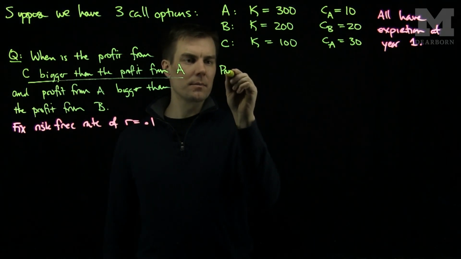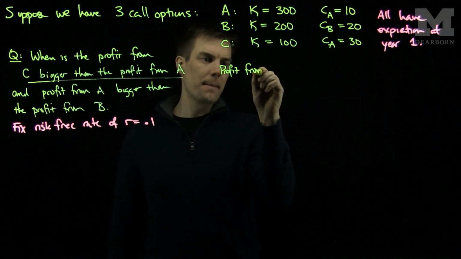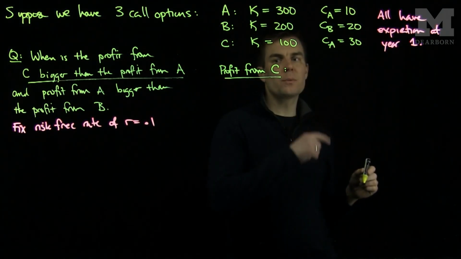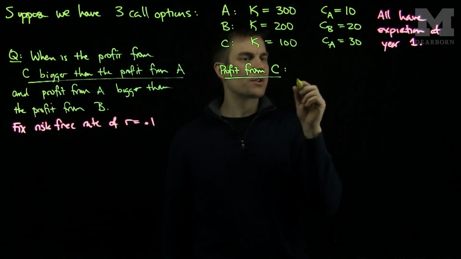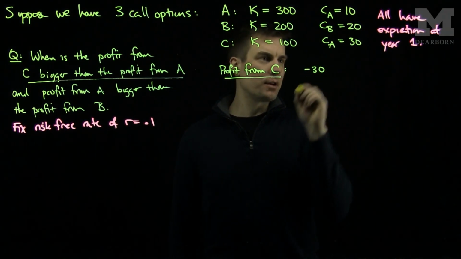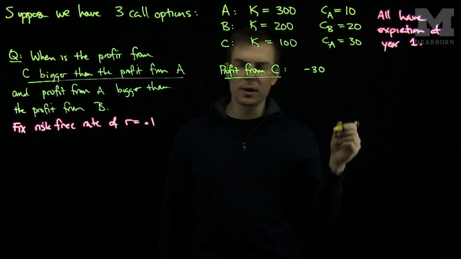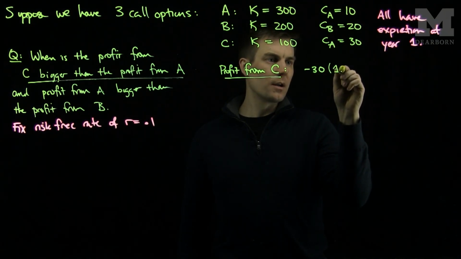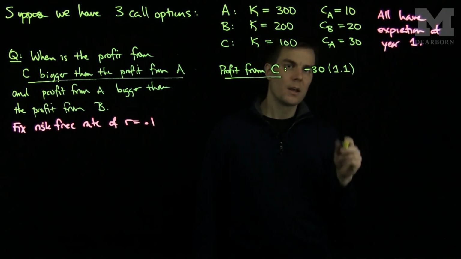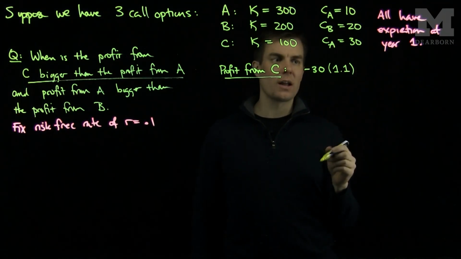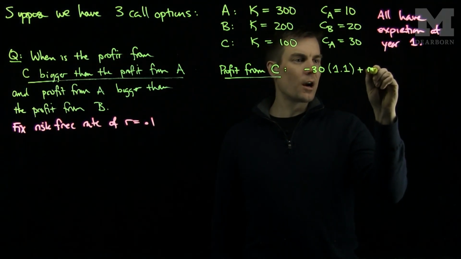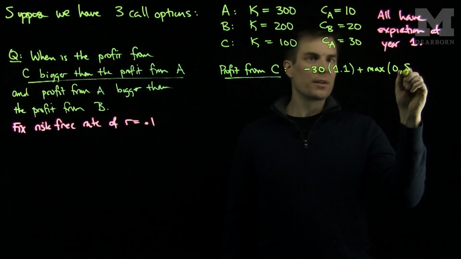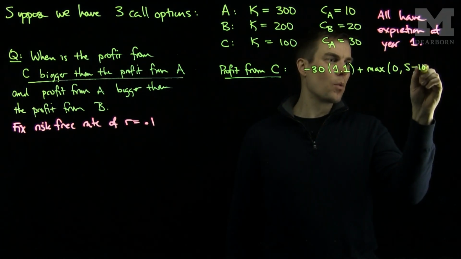So the profit from C will be the following. In order to buy C, you will have to invest $30. So you will have negative 30 initially, and it will have 1 year to evolve. So you'll have negative 30 times 1.1. That is the cost of purchasing this call option. Then you will get the maximum of either 0 or the stock price minus the strike price, 100.